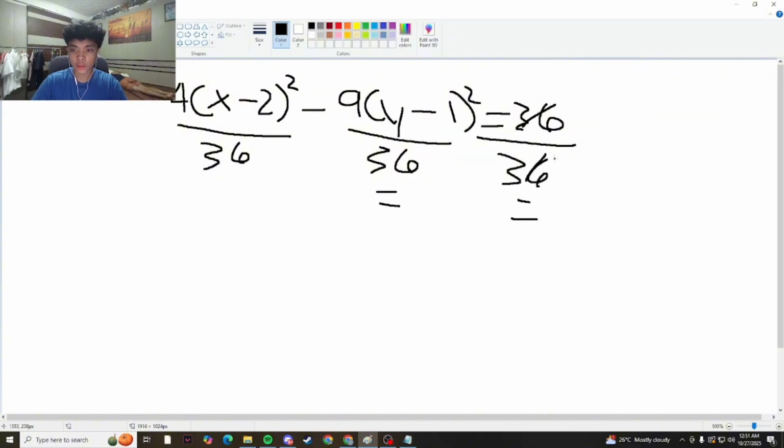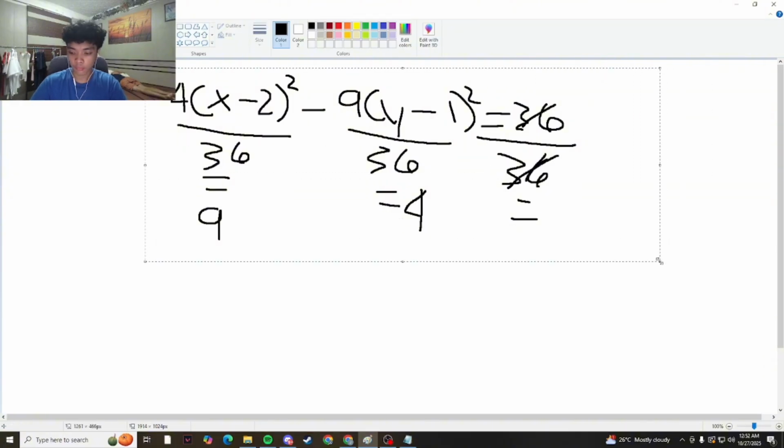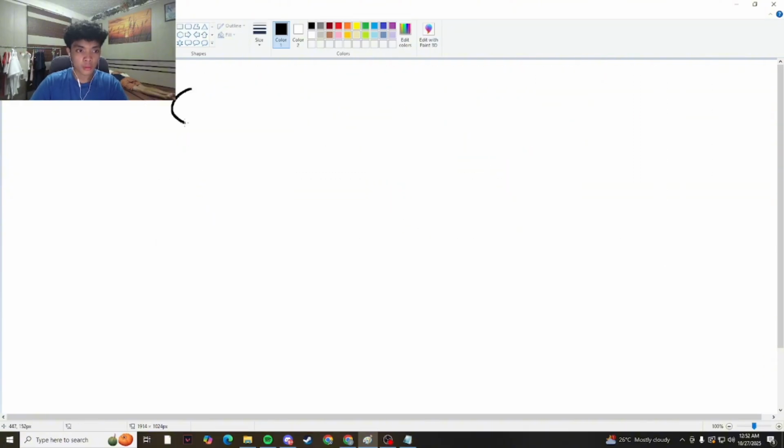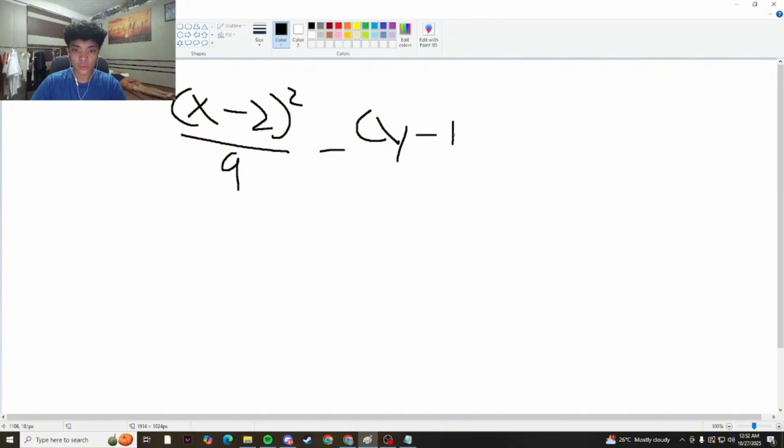We can cancel this out, and this will turn into 4 divided by 36 is 9, and 9 divided by 36 is 4. So x minus 2 squared over 9 minus y minus 1 squared over 4 equals 1.